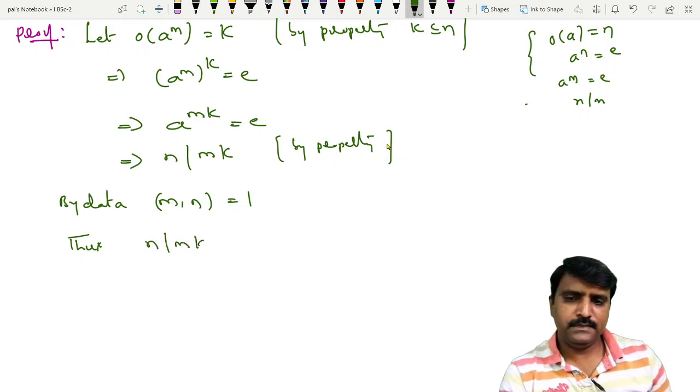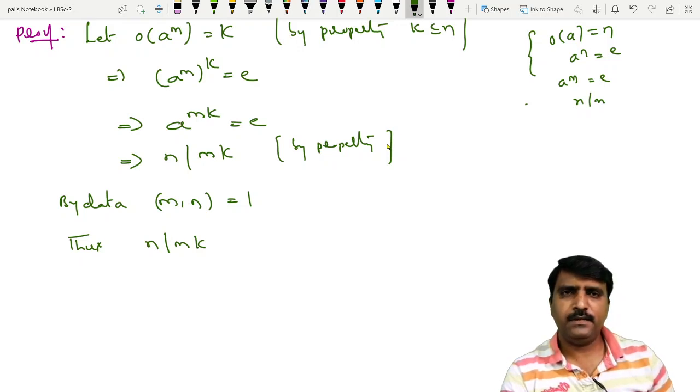GCD of m and n being 1 means m does not divide n and n does not divide m, usually. So the product mk is divisible by n. So what does it imply? Either n divides m or n divides k.